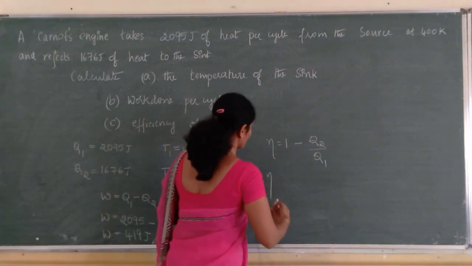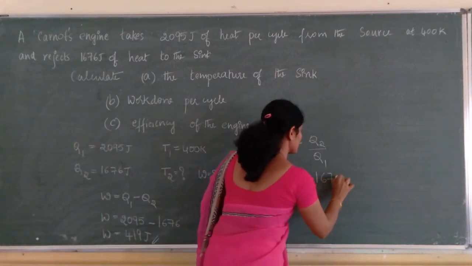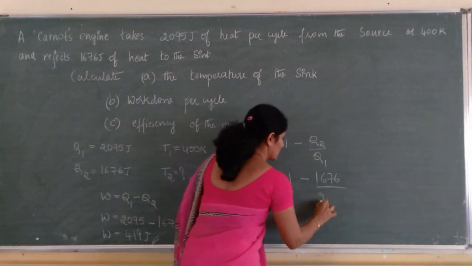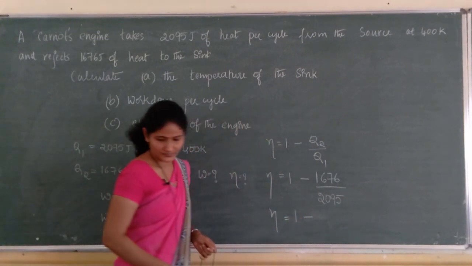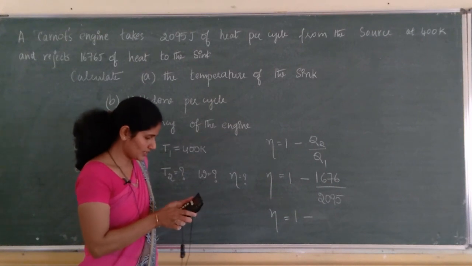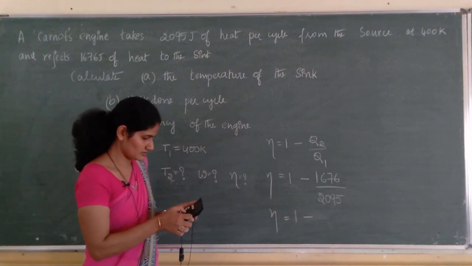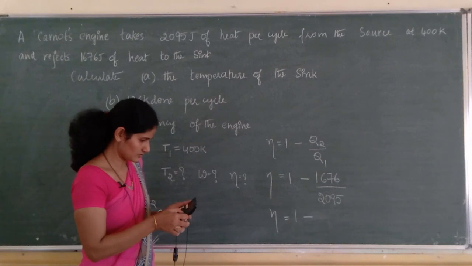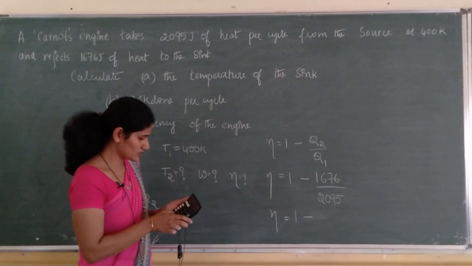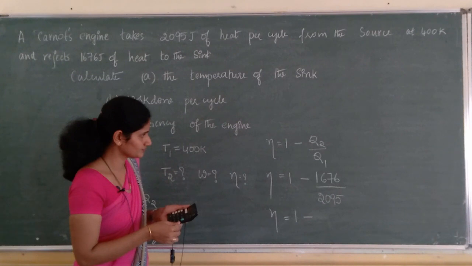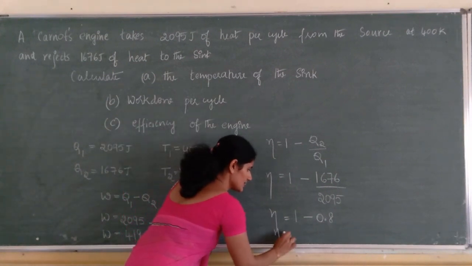So, efficiency eta is equal to 1 minus Q2, 1676, divided by Q1, which is 2095. 1676 divided by 2095 is equal to 0.8. 1 minus 0.8 is 0.2.